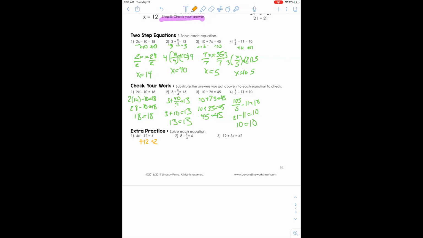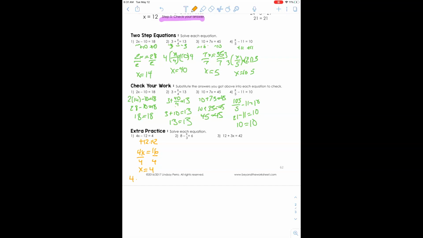So we're going to add 12 to each side. So negative 12 plus a positive 12 would leave us with 4x equals 16. Now we have to isolate x. The inverse of multiplication is division. So we divide each side by 4. X equals 4.